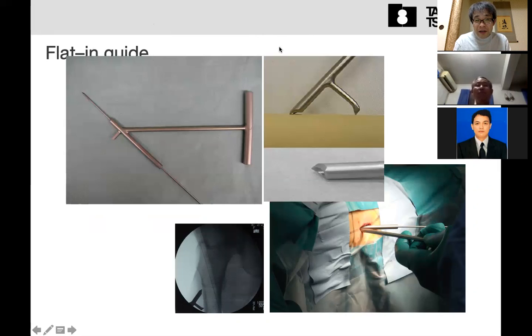So this angle is sometimes too steep due to some kick of the guide wire head. To prevent the kicking of the guide wire head on the lateral side of the bone, the contact point is here, not here. This is very useful to insert the guide wire at the angle we desire.